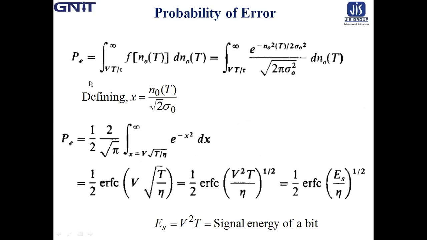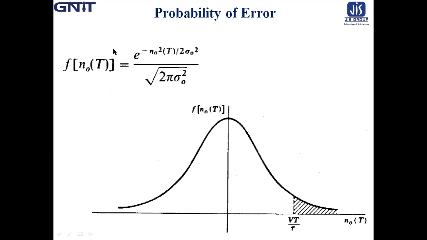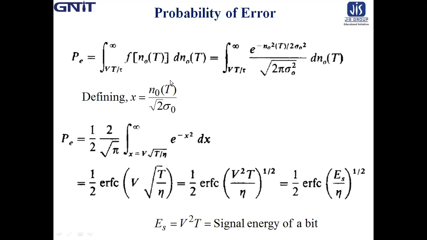So the error probability PE is the integral from VT by tau to infinity, because the integration limit is VT by tau up to infinity, of f(n0(T)) dn0(T). Here f(n0(T)) is the noise density function.